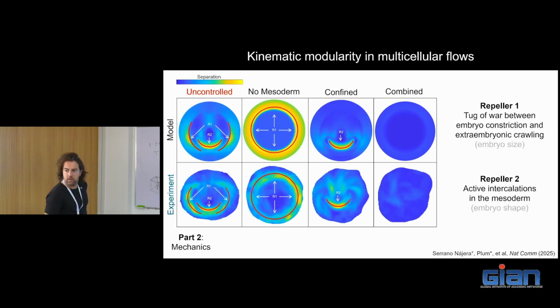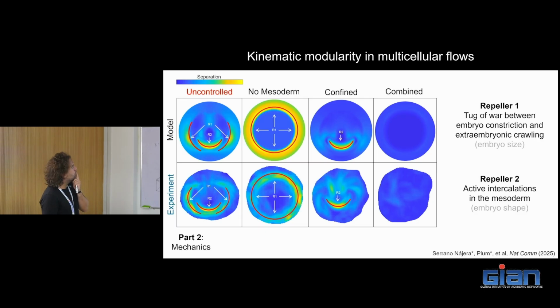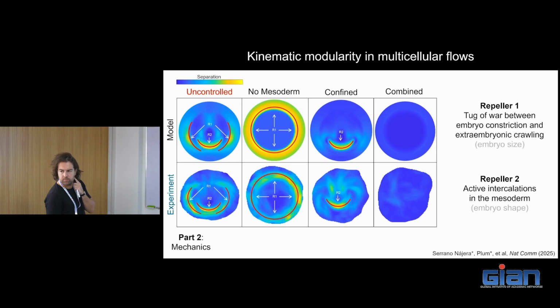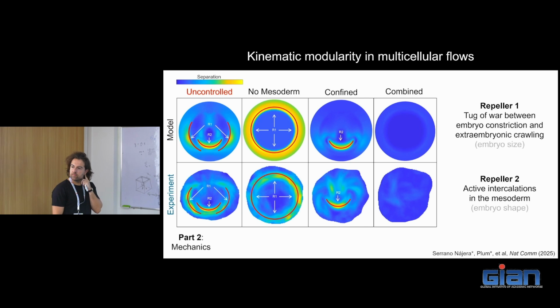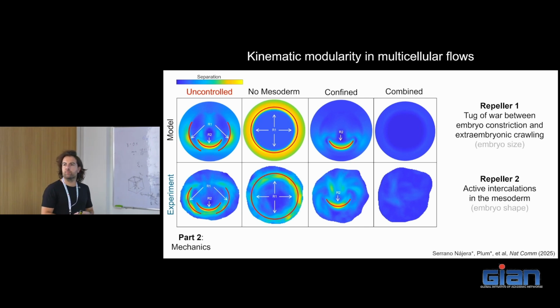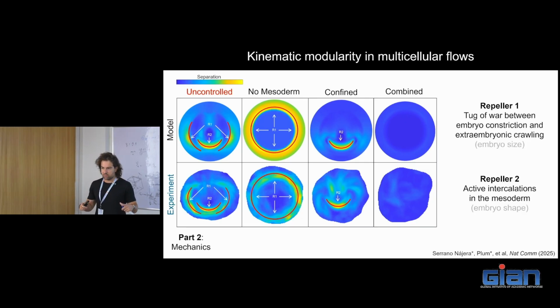So for the second case where you remove repeller one, you're setting that at those points the embryo is not going outside. How does that affect the size? Think about a disk of cells.